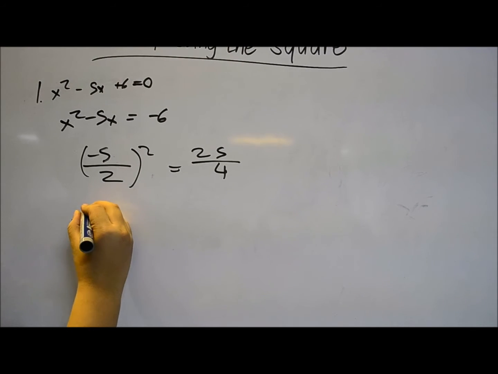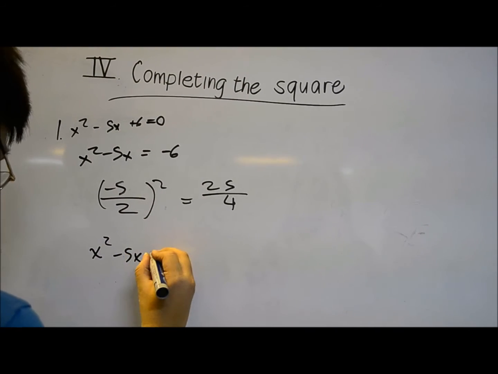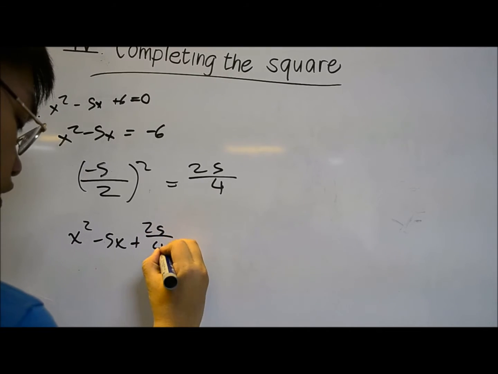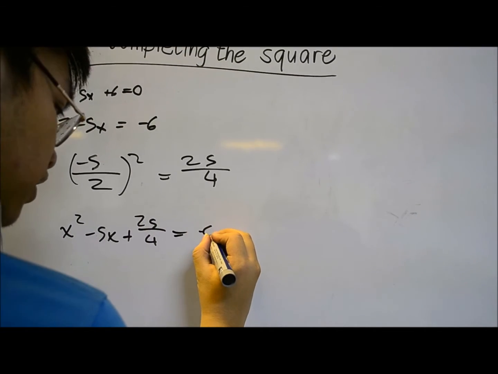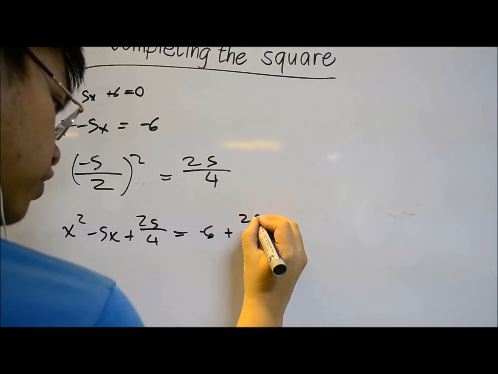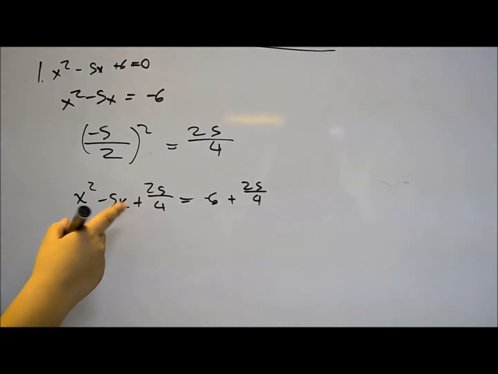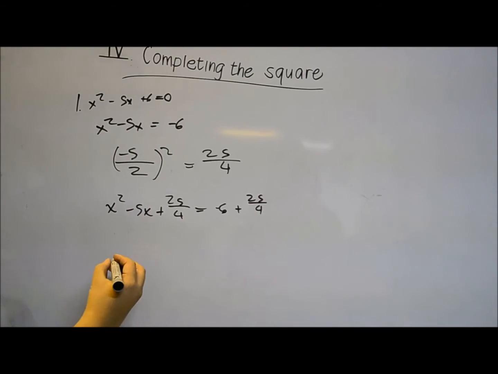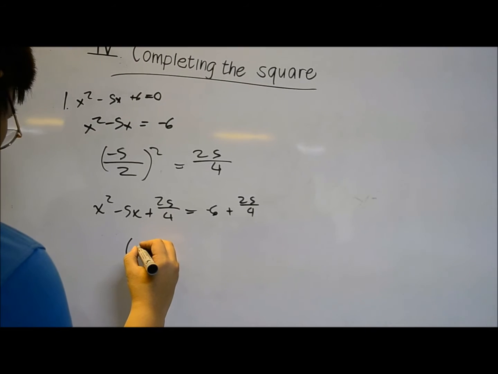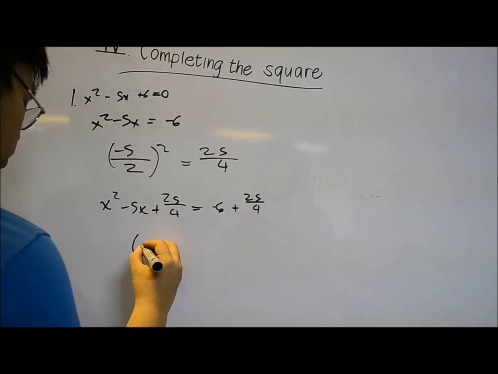So we will have x squared minus 5x plus 25 over 4 equals negative 6 plus 25 over 4. This is now a perfect square trinomial, and we can factor this resulting in the square of a binomial.